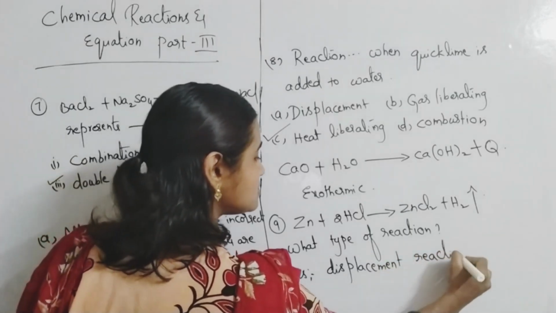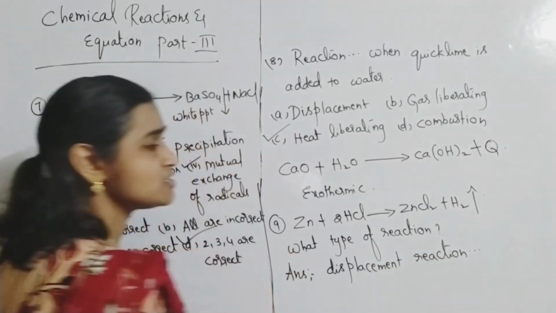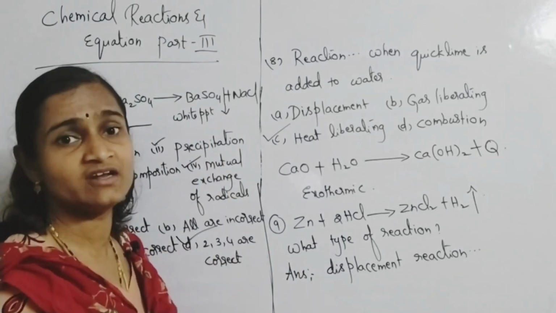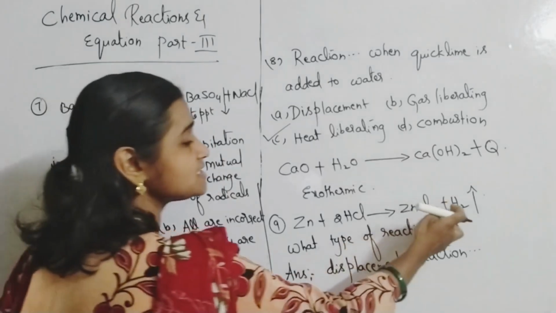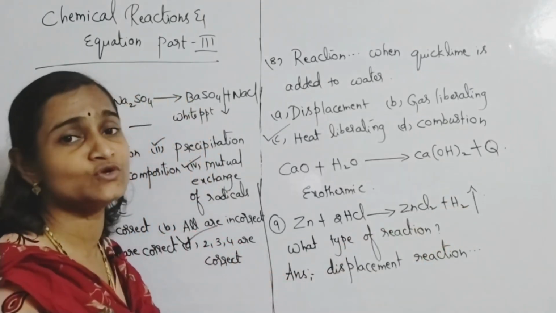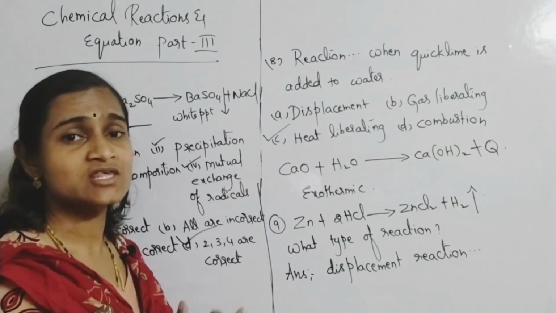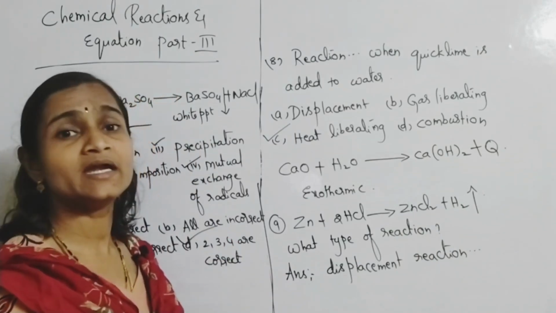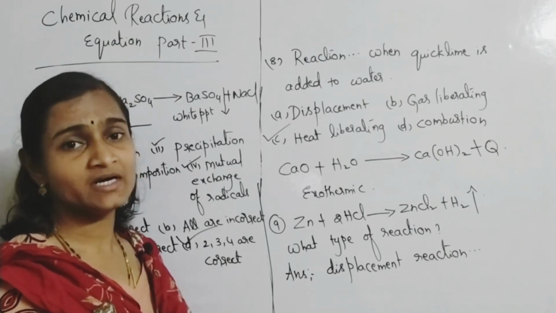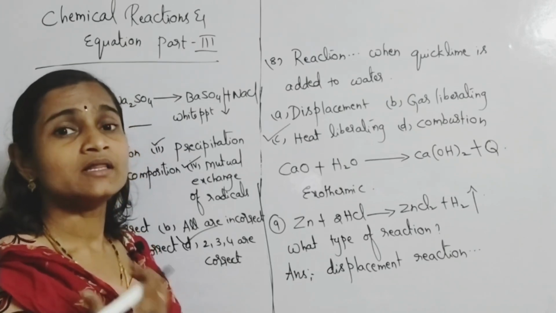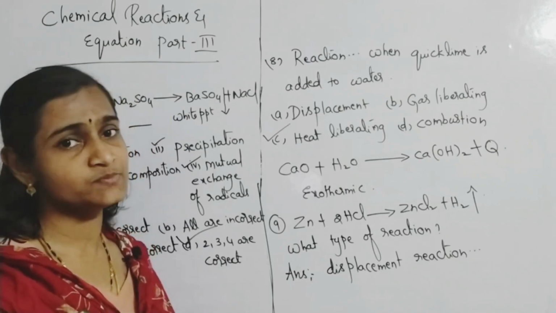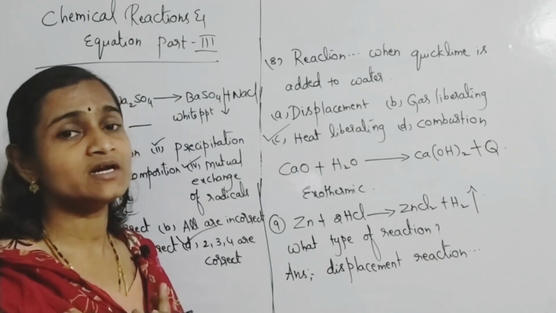Now in another question, you are given the same equation, but the question is asked in a different way. How can you test that the gas evolved is hydrogen only? The options are: the gas liberated is colorless; the gas puts off the burning splinter with a pop sound; the burning splinter burns more brightly; or lime water turns milky.